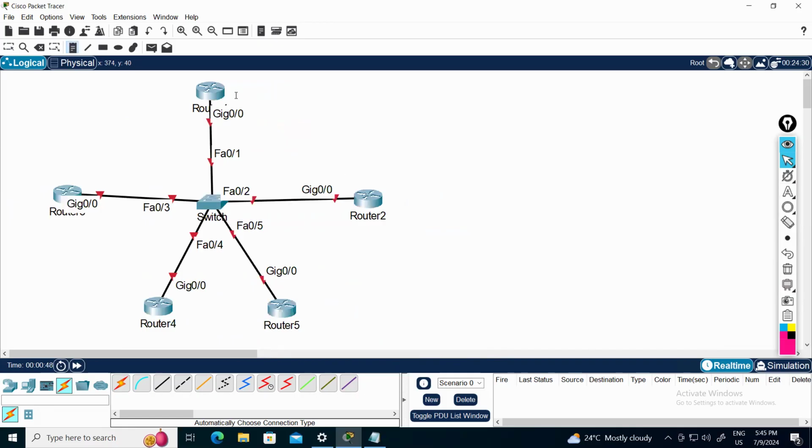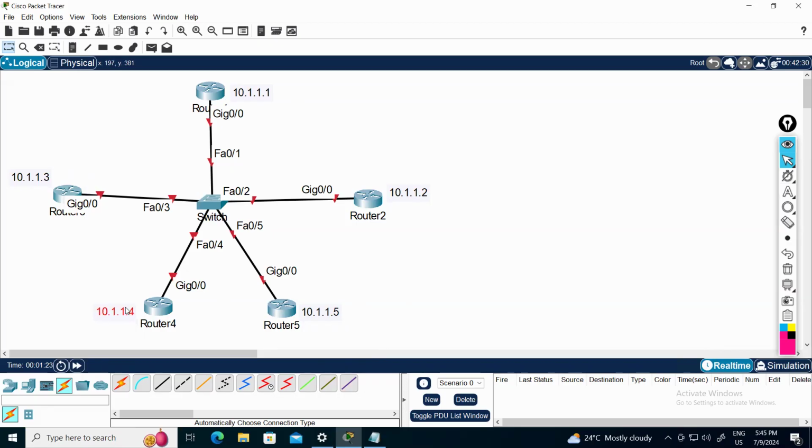Now here I'll configure the IP 10.1.1.1. Here I'll configure the IP address 10.1.1.2. This is R3, 10.1.1.3. This is R4, 10.1.1.4. This is R5, 10.1.1.5. What will be their router IDs? The same IP addresses will become their router IDs.